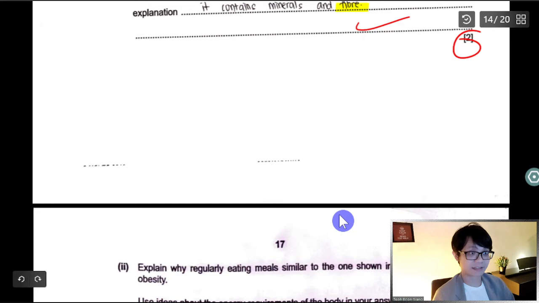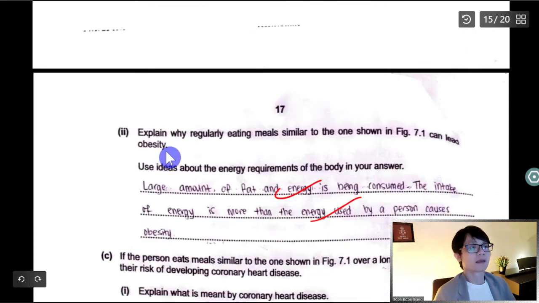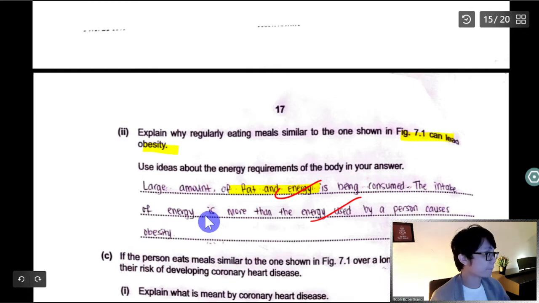Okay, explain why regularly eating the meal in 7.1 can lead to obesity. Yeah, of course, because it has a lot of fat, correct or not? So if you say a lot of fat, anything, just say something, the food has a lot of fat and consumed, the intake of energy is more than what? Very good. Okay, so the intake of energy is higher and the excess will be stored as fat.